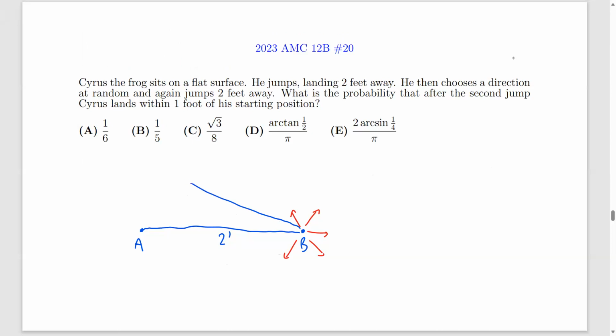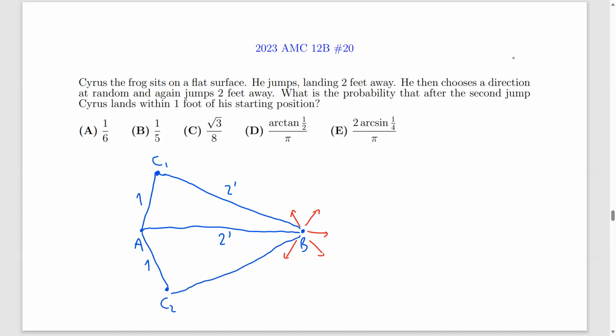Now we see that Cyrus needs to jump in a direction that places him pretty close to A. In particular, Cyrus could jump to, say, this point C1, where AC1 is 1. Or Cyrus could jump to this point down here, C2, such that the distance AC2 is 1.